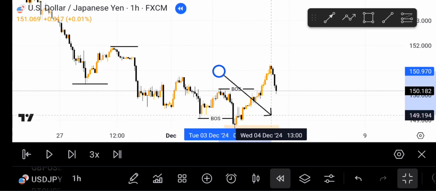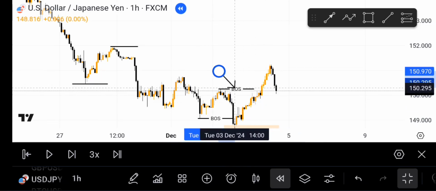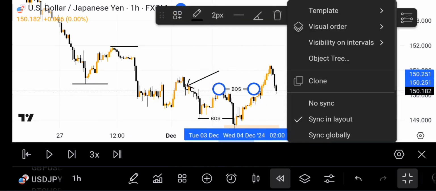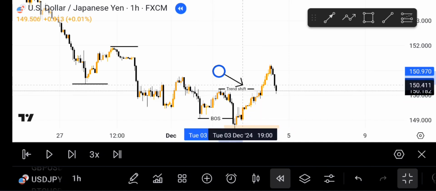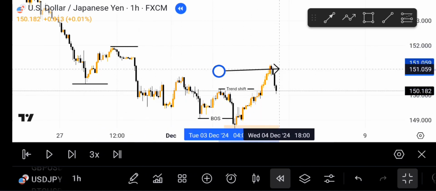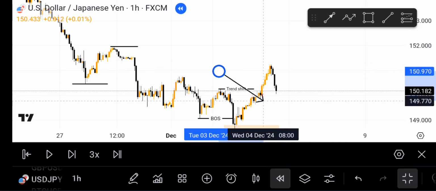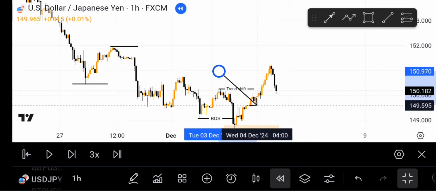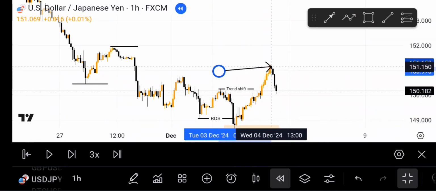And around here we just saw the market impulsively breaking structure and shifting the trend, because now that is a trend shift. This is a trend shift where the market is now shifting from bearish trend to a bullish trend, and the momentum of this structural break is showing to you that the market just broke all the way from this low to this new high that has been formed.